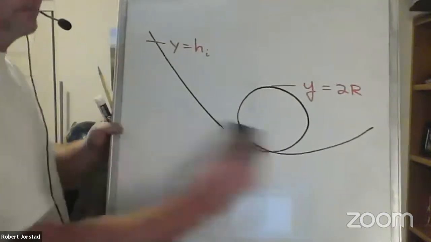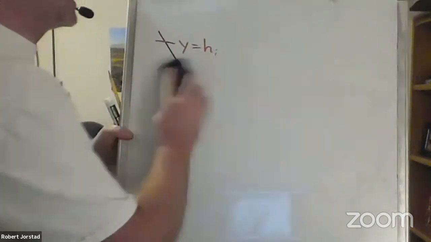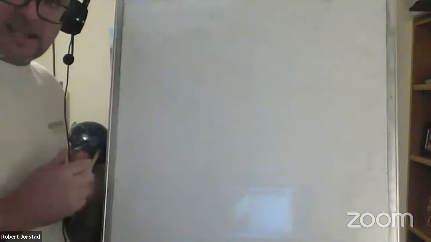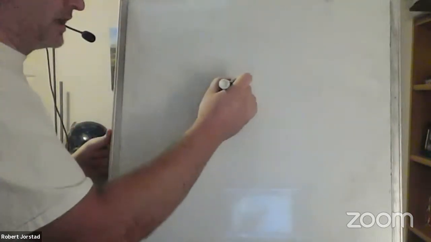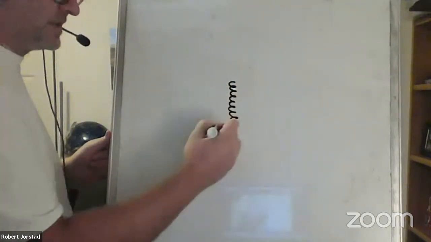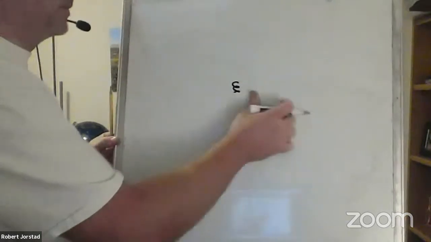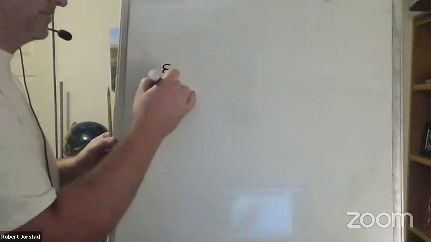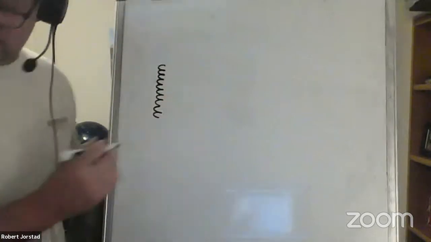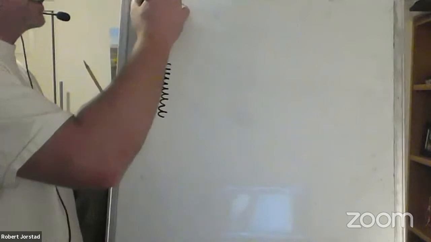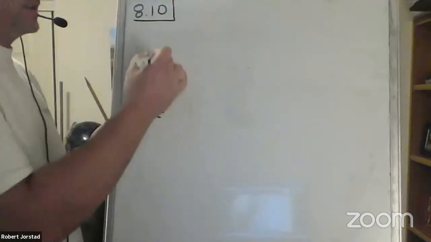So how do we handle springs? Springs are the one case where I sometimes don't put the vertical position. So this is effectively problem 8.10.